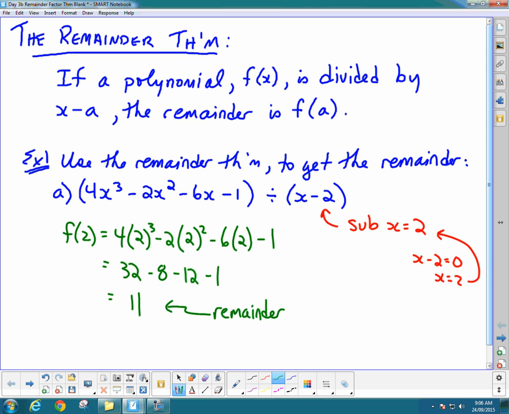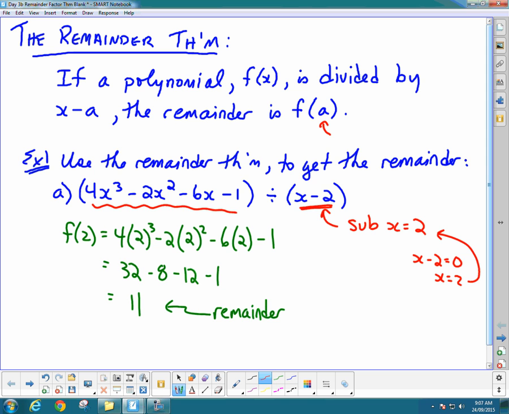So now if we look back at that mathematical definition, it might make a little bit more sense. If a polynomial, so here's the polynomial in my example, we'll call it f at x, is divided by x minus a, so here it's x minus 2, the remainder is f at a.